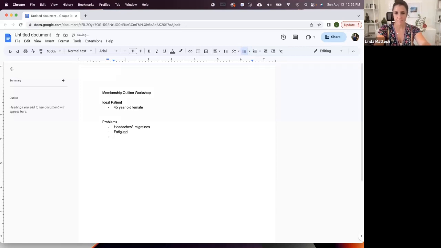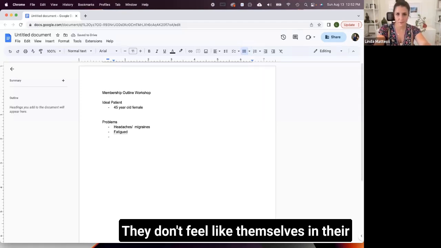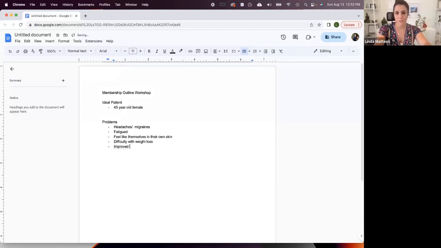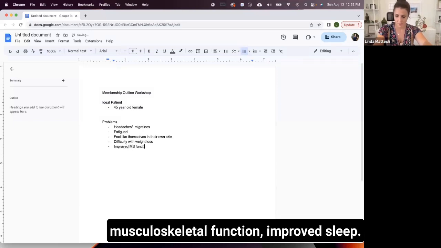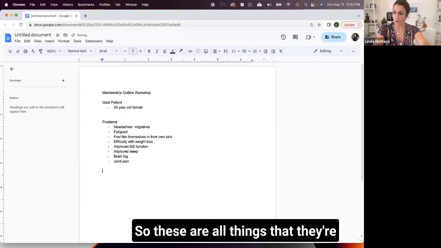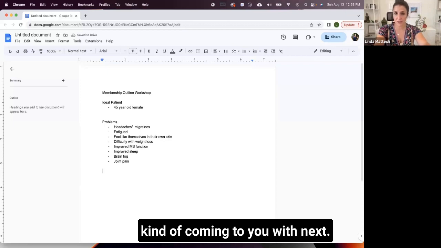They don't feel like themselves in their own skin, difficulty with weight loss, improved musculoskeletal function, improved sleep. They might have some brain fog. They might have some joint pain. So these are all things that they're kind of coming to you with.